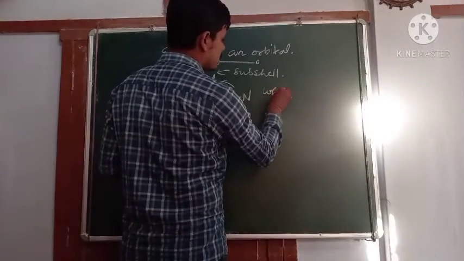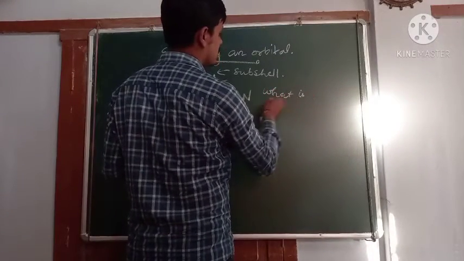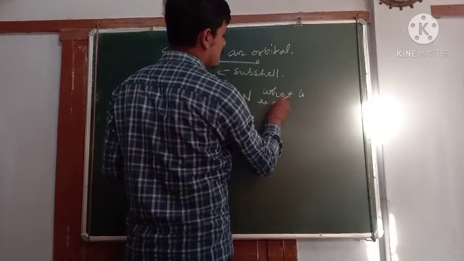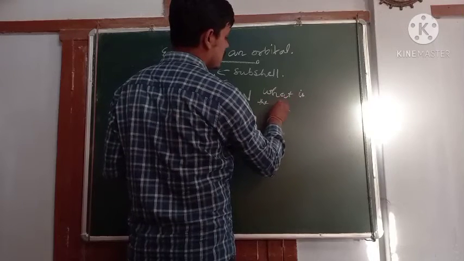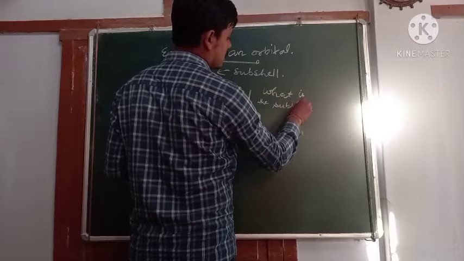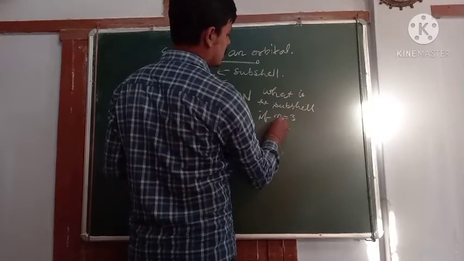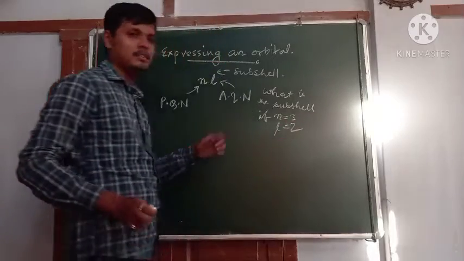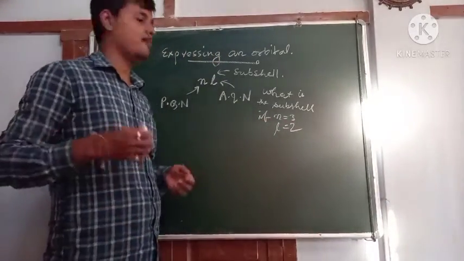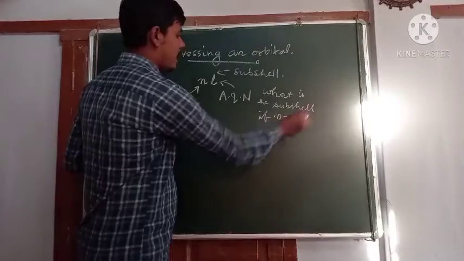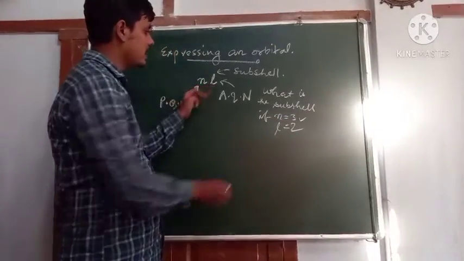So if you are asked what the subshell is if n equals 3 and l equals 2. So n is 3. How do we write n l?